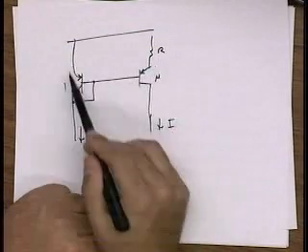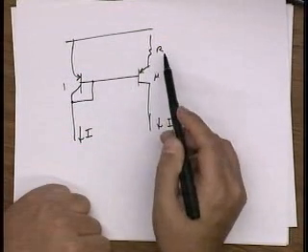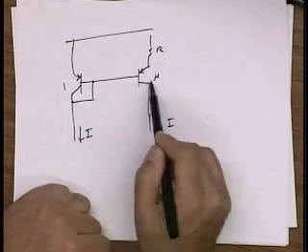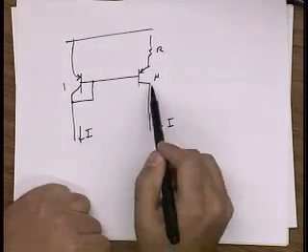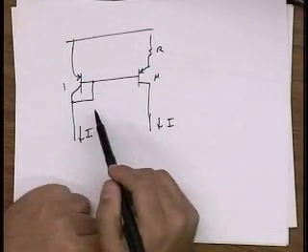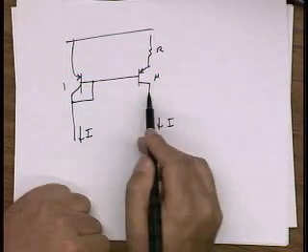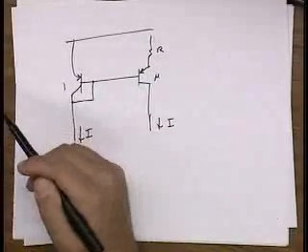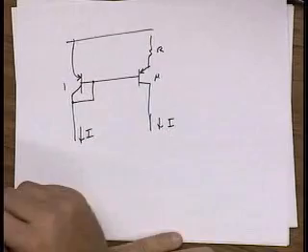That means that I have a delta VBE that's being applied across R. Now delta VBE is not equal to 0 because I've actually sized these transistors so they're not equal. And I could have also scaled the currents and used equal transistors, so I have a choice here. If I had made the transistors equal size, there would be no current, because delta VBE would be 0. 0 across R would generate no current. So it would not actually work as intended.